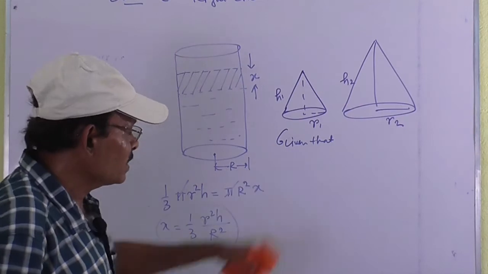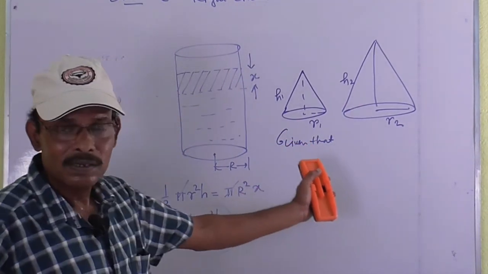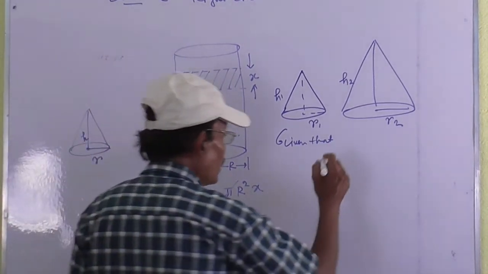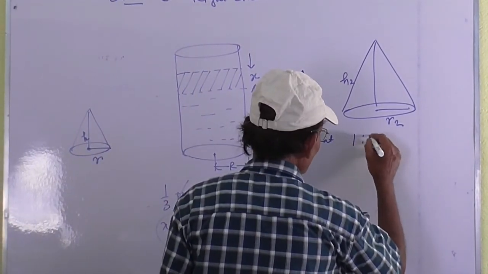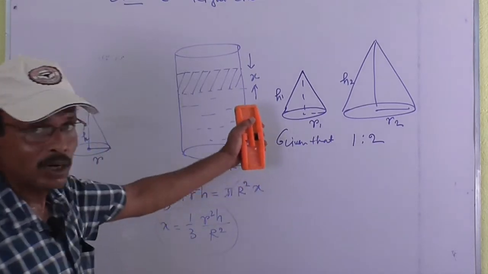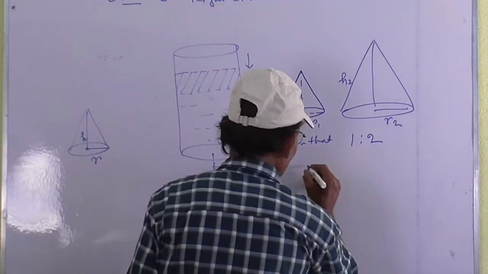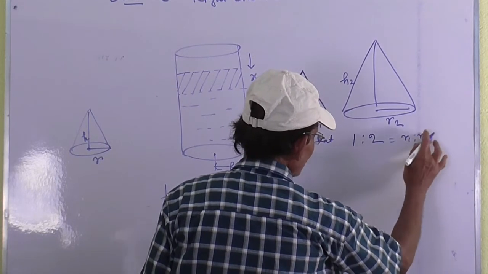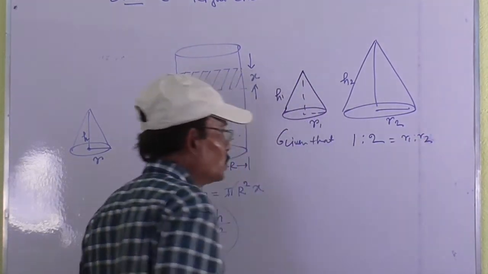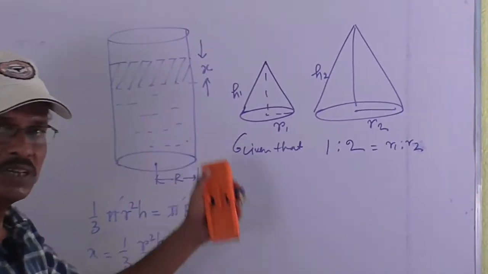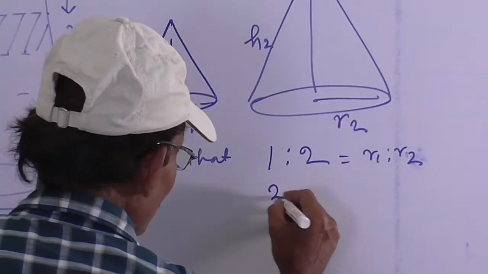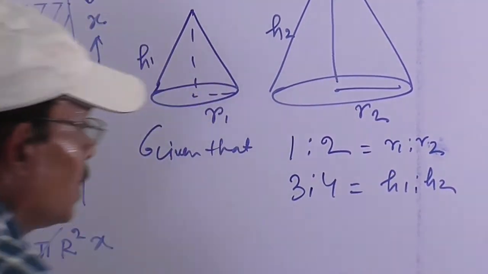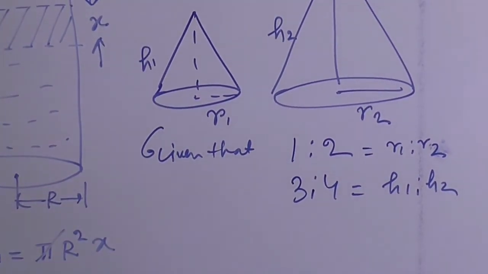Clear? Given that the ratio of the radius of the two given figures is 1:2, that means r 1 is to r 2, and the ratio of the height of the two given figures is 3:4. Now, we have to find the ratio of the volume of the two figures.